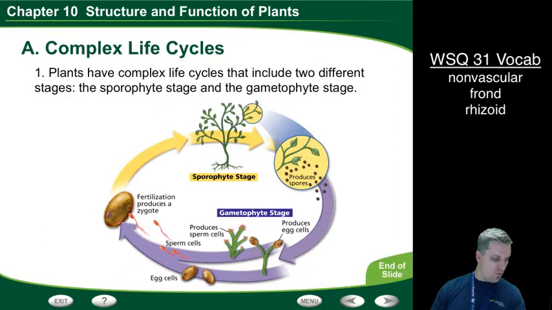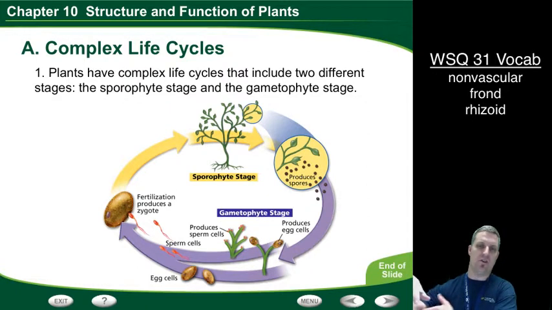Now, we need to understand that the spore stage is not always spores as we think of spores. It can be confusing because we think of ferns that produce spores and mosses that produce spores. But in the example of more common angiosperms and plants like that, that spore stage would actually be the production of pollen, which would ultimately lead to the gametophyte stage, where egg cells and sperm cells are produced and fertilization occurs, and you get this cycle between sporophyte and gametophyte stages of the plant.